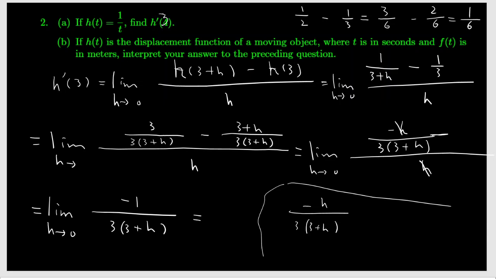To divide, you need to recall fraction division. Dividing something is multiplying the reciprocal, right? So dividing by h is the same thing as multiplying by 1 over h. So do you see that's how we can cancel out the h to get this?